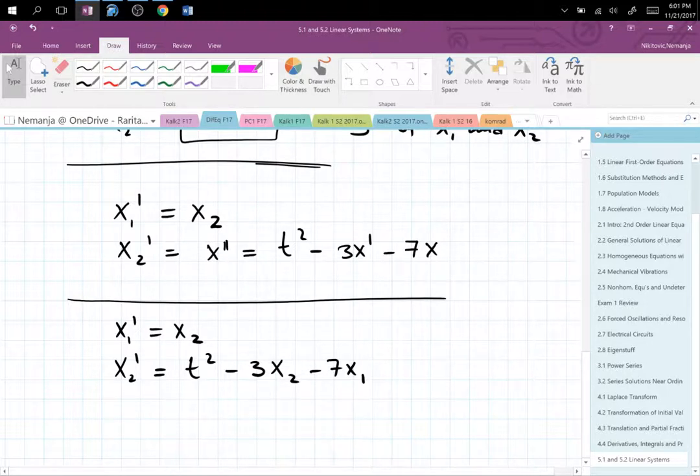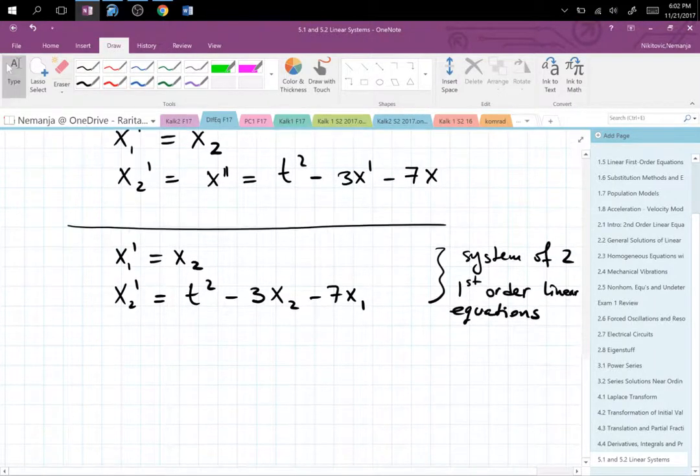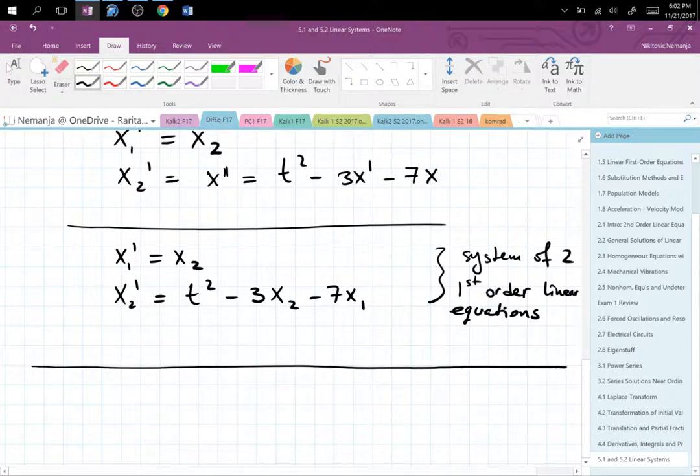So what you have here is the system of two first order linear equations. That's what you have, and we're done. That was the goal: to transform the second order equation into these.